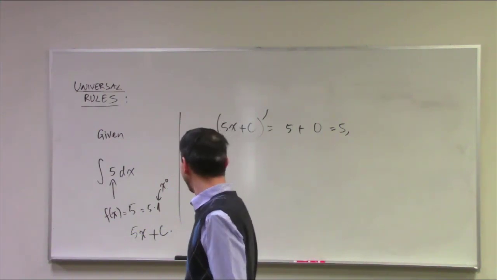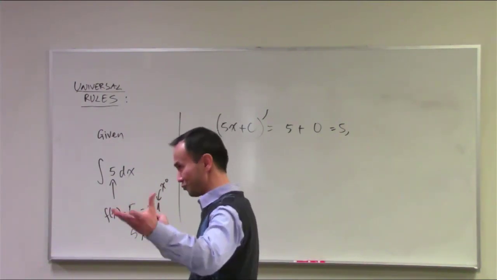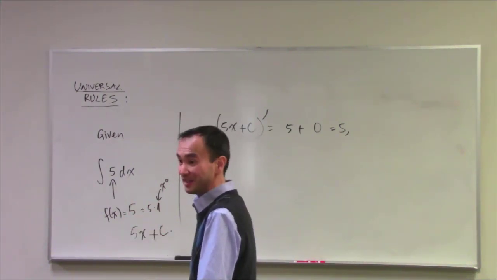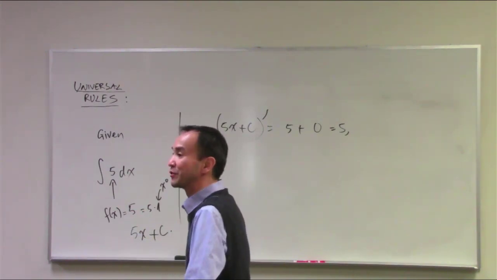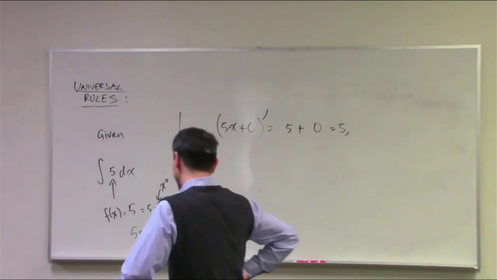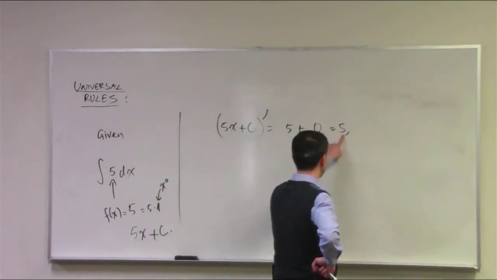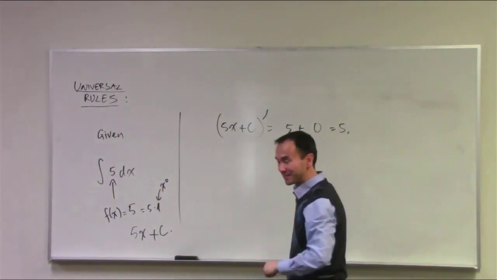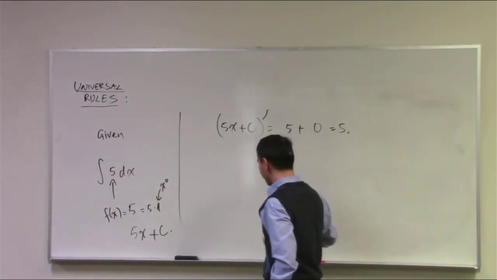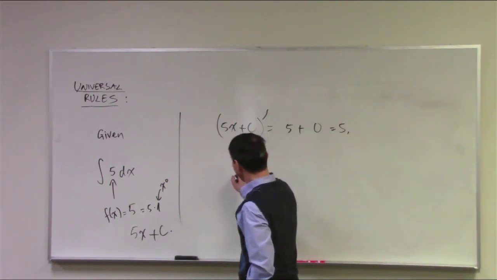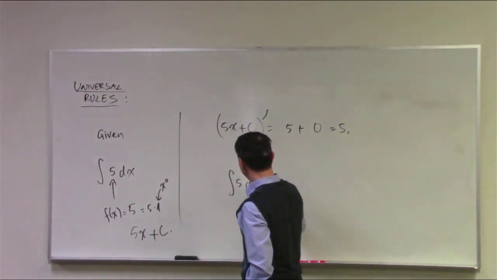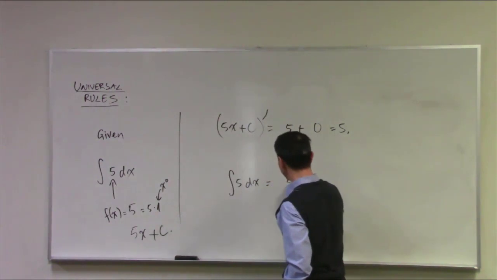Anytime you come up with an antiderivative and want to make sure that it is your answer, take the derivative of your final antiderivative. If it was a correct one, it should give you back that beginning function. And so yes, the antiderivative of 5 being a constant gives me 5x plus c.